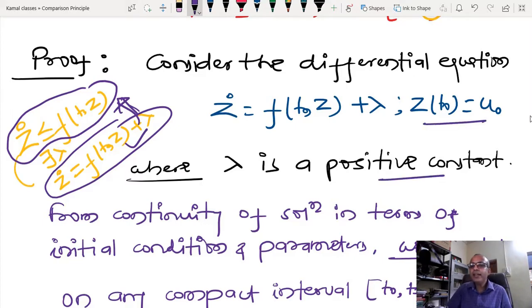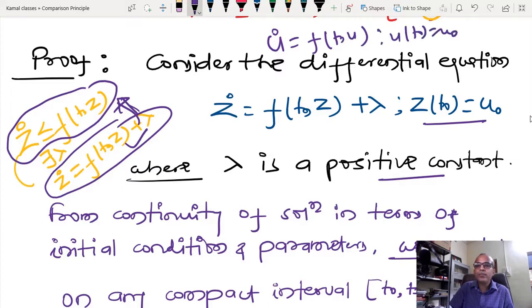And you can see here that I have maintained the initial condition exactly like u0. Our initial equation is u dot equal to f(t, u) with u(t0) equal to u0. I have converted that u to z, added an extra positive constant parameter lambda, and maintained the same initial condition.